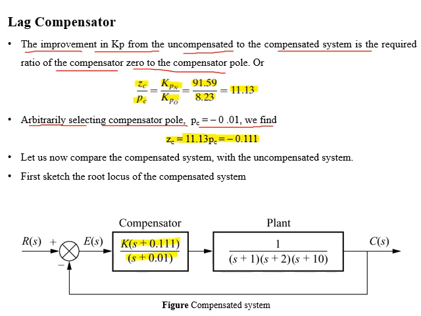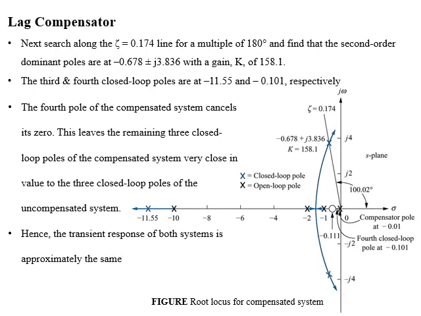Now we will compare the compensated system with the uncompensated system by sketching the root locus for the compensated one. Dear students, the figure represents root locus for the compensated system. In this root locus, we will draw a radial line which corresponds to damping ratio of 0.174.